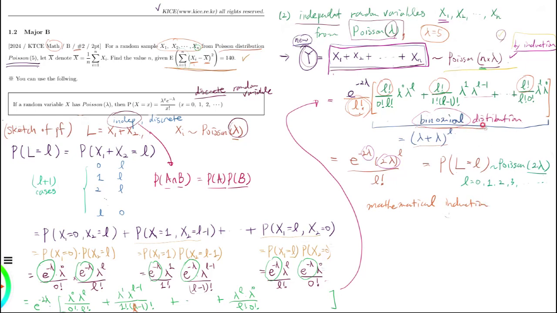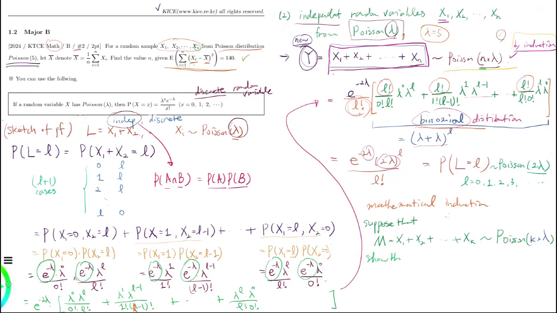By the property of binomial term here. So suppose that the new random variable for the case of k here, let me give you a sketch. This new random variable capital M has a Poisson distribution with parameter k times lambda here, and do the same thing.